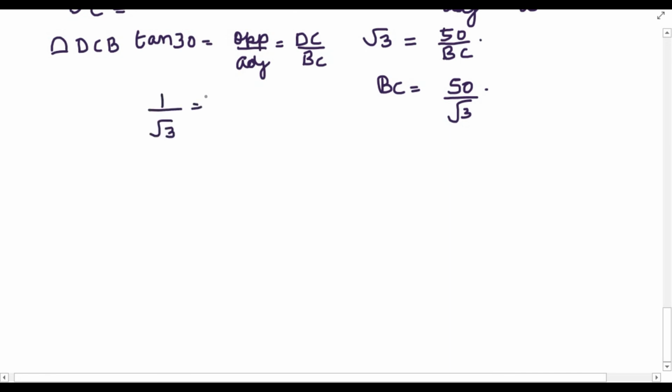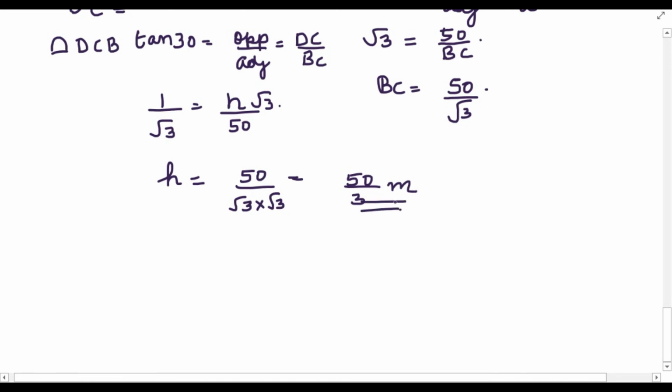DC is the height of the building we need to find, that is H, and BC is 50 divided by √3. It will go up. Now we will cross multiply. H is equal to 50 by √3 into √3, which is equal to 50 by 3 meter.